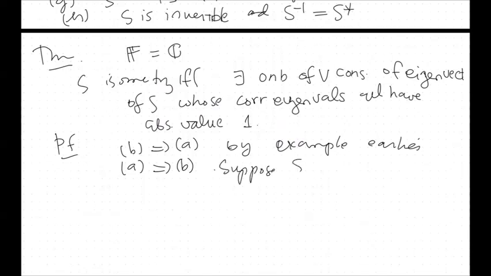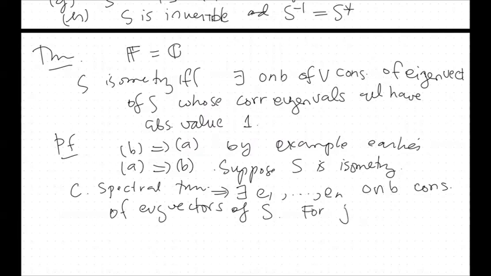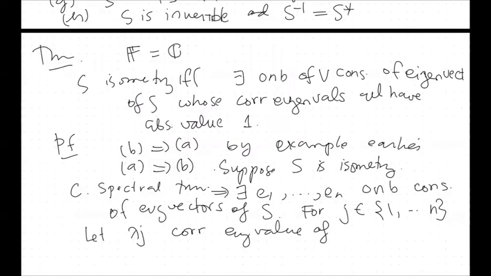Suppose S is an isometry, then by the complex spectral theorem, there exists an orthonormal basis consisting of eigenvectors of S. Now for each j in this set, let lambda sub j be the corresponding eigenvalue of e sub j.